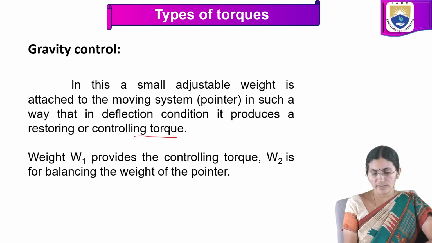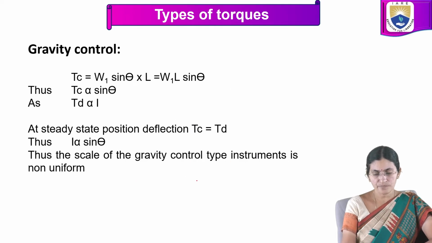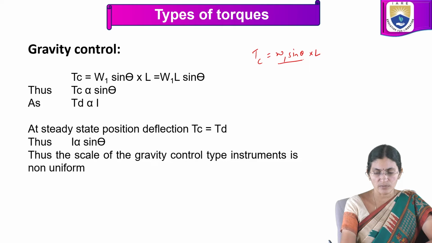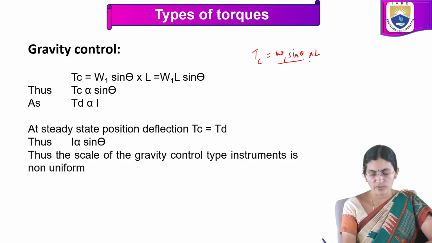There are two weights: W1 for controlling torque and another weight for balancing the weight of the pointer. So in gravity control, Tc is equal to W1 sin theta into L. This is the component which is responsible for bringing the control weight back to its original position.